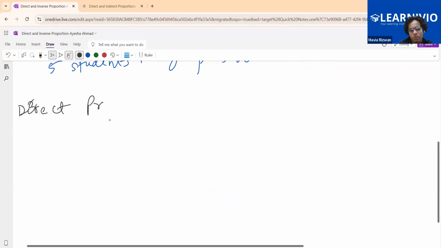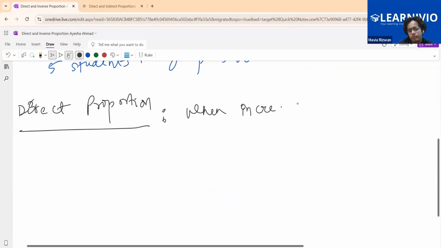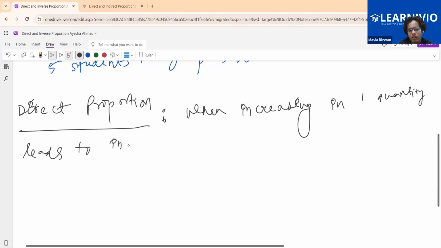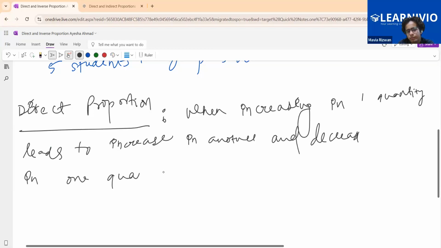Direct proportion is when an increase in one quantity leads to an increase in another, and a decrease in one quantity leads to a decrease in another.